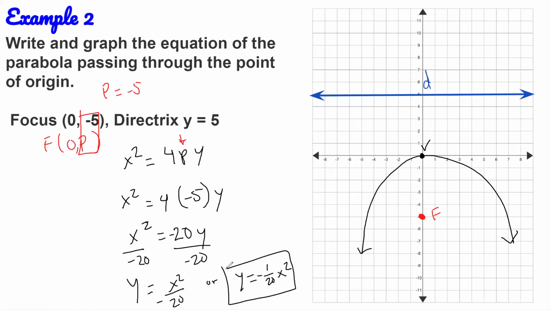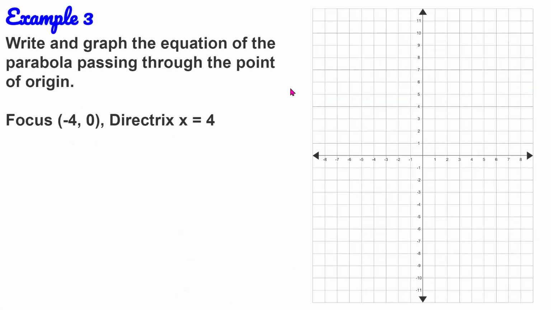Okay. The other case, guys, is where we have x, the other directrix. Everybody has that? Let me go ahead and clear. We have it facing either left or right. My directrix in this case is at x equals +4. So here's my directrix, +4. It's going to be a vertical line.